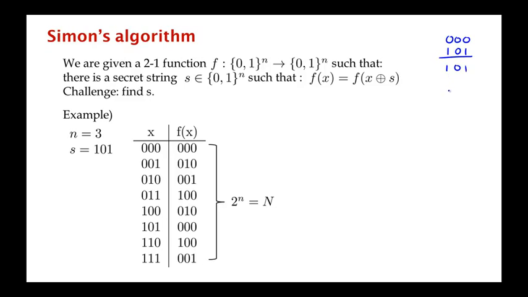Suppose x is 011. s was 101, and x bitwise sum with s is just 110. So you just throw out all the carries when you do the summation.